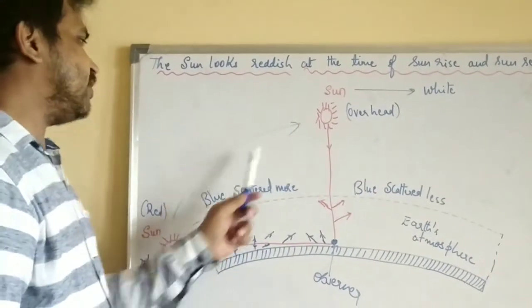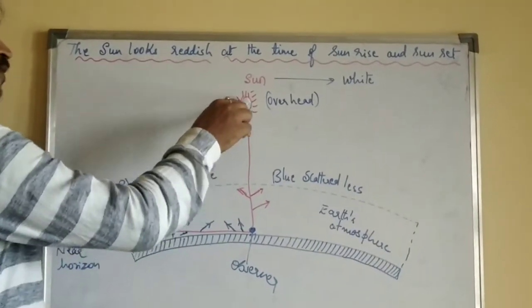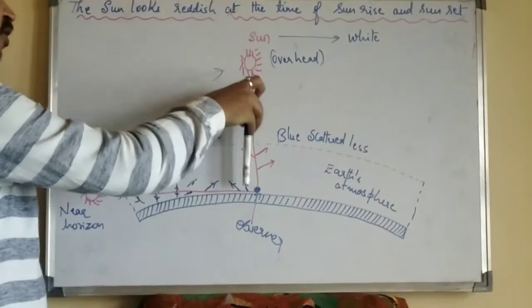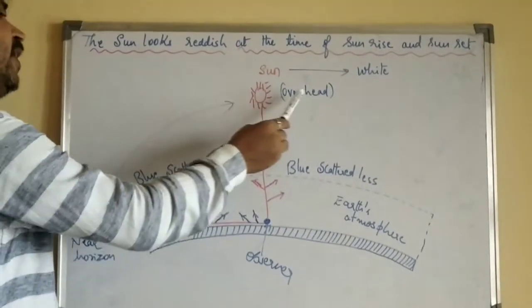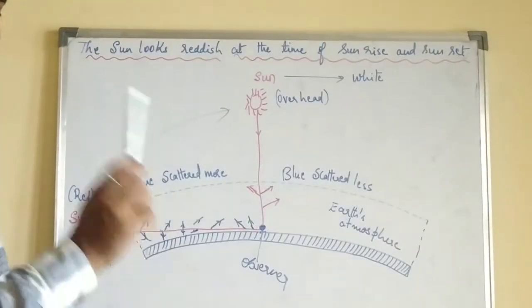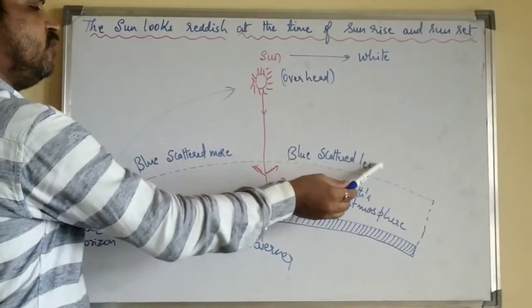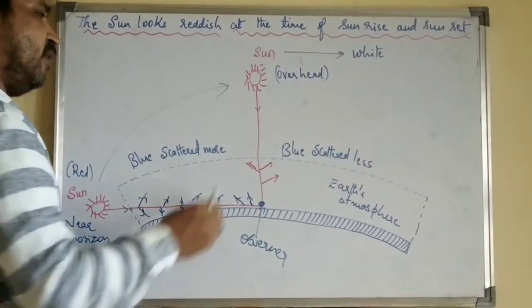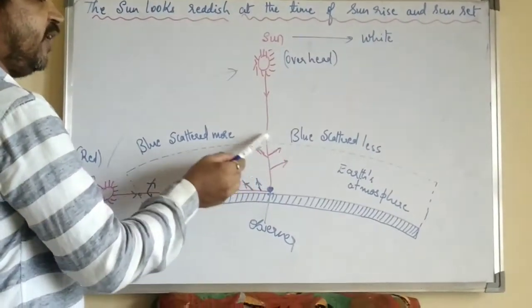Now you can see the same sun overhead of the observer. Here the rays of the sun fall normally on the observer, and the sun overhead appears white, not red. Why? Because there is less scattering here. The blue scattering is very, very less, because the ray is travelling through a lesser portion of the Earth's atmosphere.